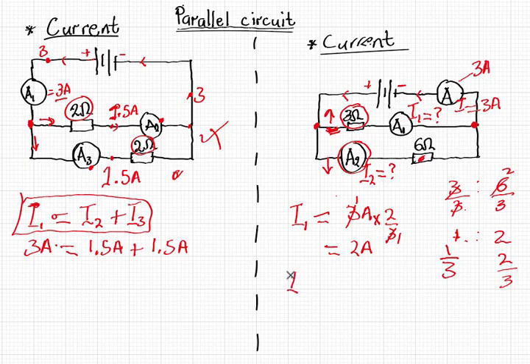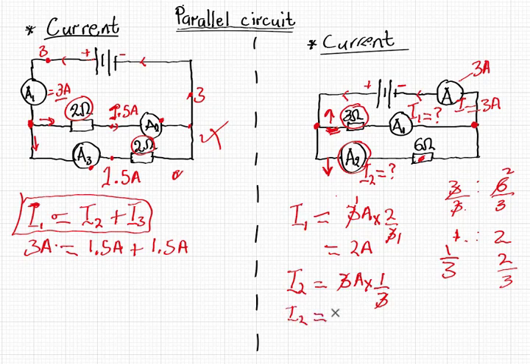Then how about I2? What do we see at I2? Less. It's less. So we multiply 3 by a third. It's not 2/3, it's a third, because it's less. Over 3. 3 cancels 3. Then what do we have?